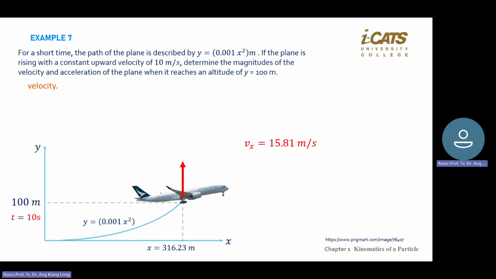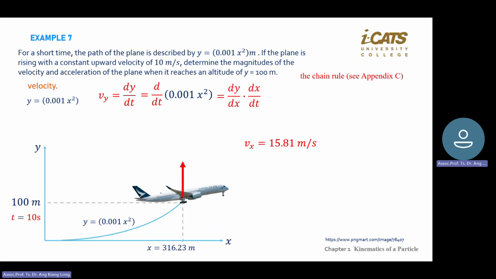Okay, so you have the answer already. So once you have 10, refer to appendix C later. I think I uploaded the appendix also. Go and see what the chain rules are. So you have y equal to the equation, vy equal to dy dt. So you substitute the equation there. You have two unknowns, one is t, one is x.